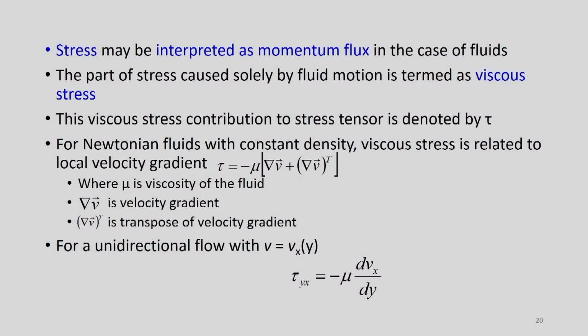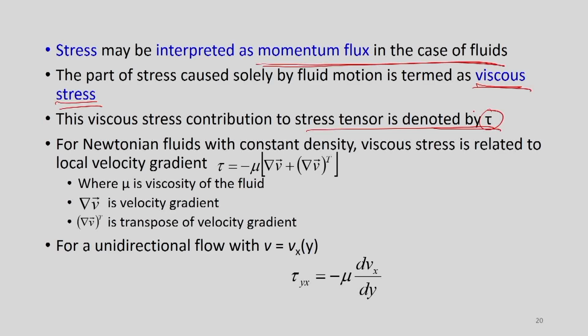Stress may be interpreted as a momentum flux in the case of fluids. The part of stress that is caused only by the fluid motion is known as the viscous stress, and the viscous stress contribution to the stress tensor is denoted by tau.